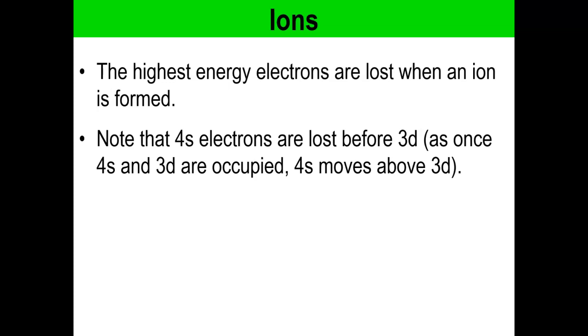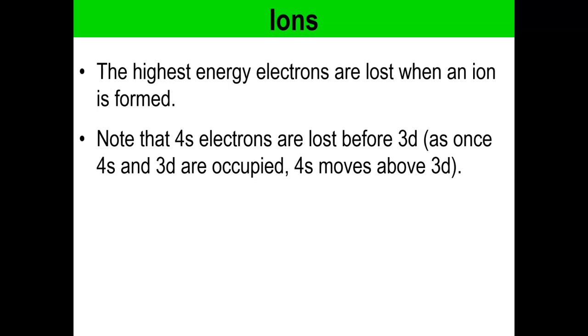Now, when we do ionize atoms, we lose electrons. And the very simple principle is, just like when we add electrons from the inside working outwards, when we lose electrons, we lose the outer shell electrons first. So we'd lose outer shell 4 before inner 3d. We'd lose outer shell 4 before any other inner electrons go after that.